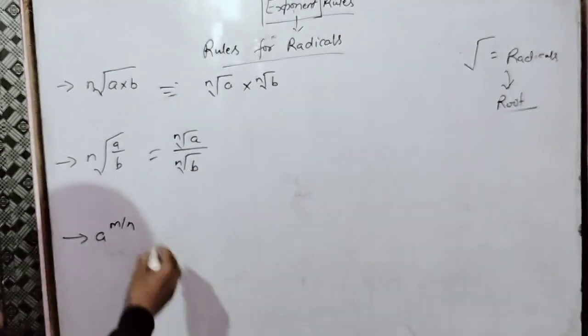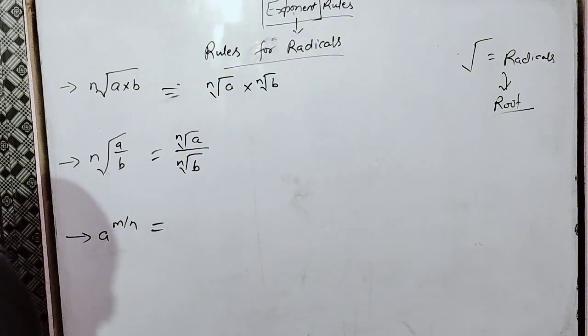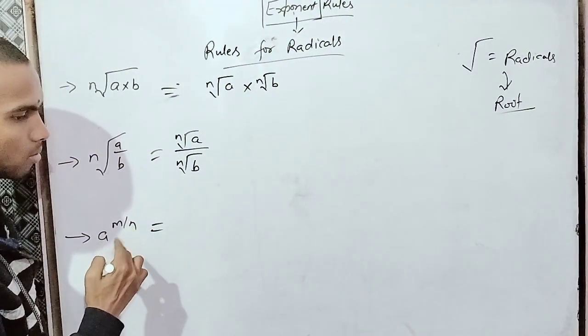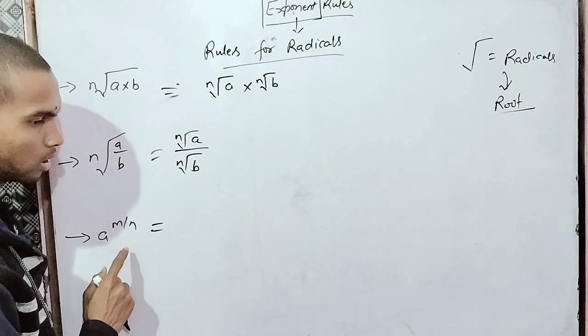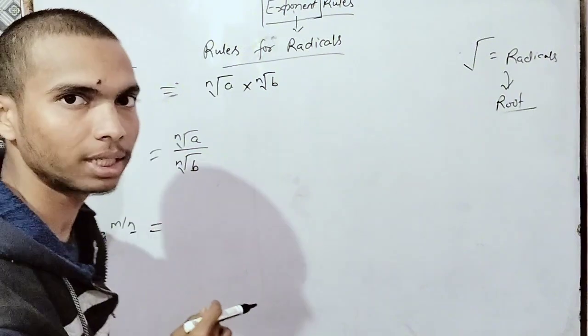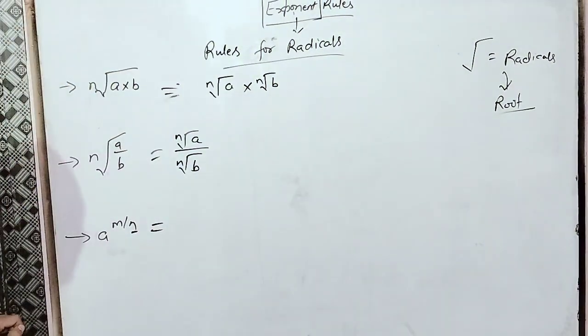It is saying, what is it saying? Questions on this will be solved. It is saying this denominator will be written here, and m, which is the numerator, will be used as the exponent here.